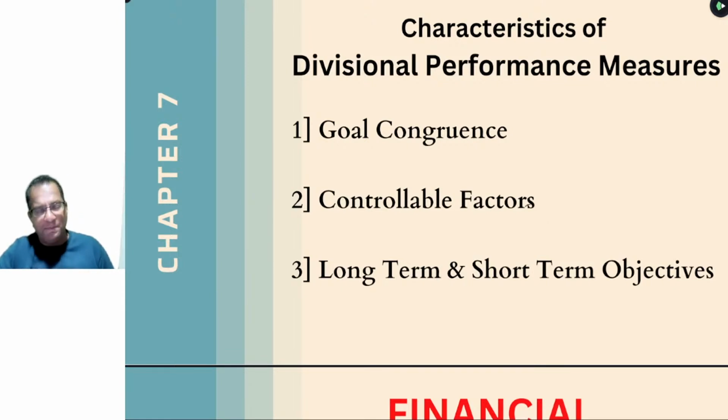Whenever a department is taking a decision, that decision must not only benefit that particular department, but if it benefits the company as a whole, then the decision is said to be taken in the form of goal congruence.